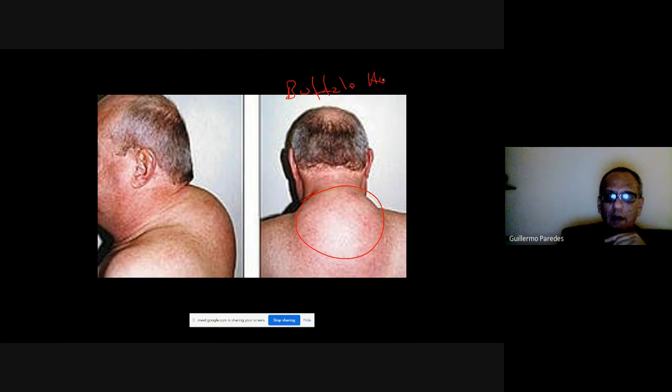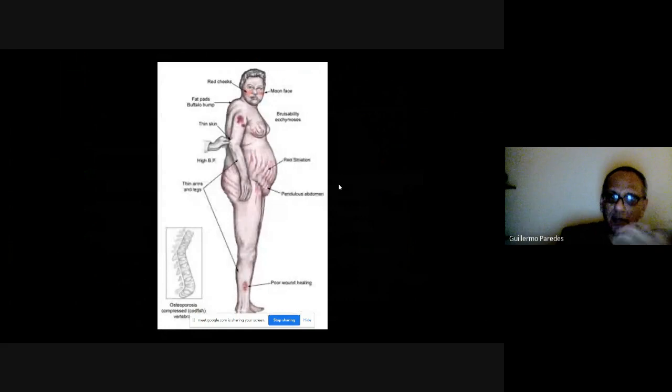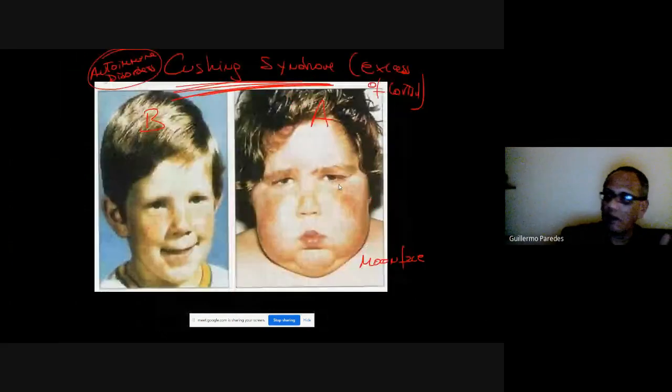Buffalo hump. Basically, it is a deposit of fat like a hump. That is Cushing syndrome. There are other things that are going to happen. Basically, you're going to gain weight, and just remember the face is going to be totally changed.